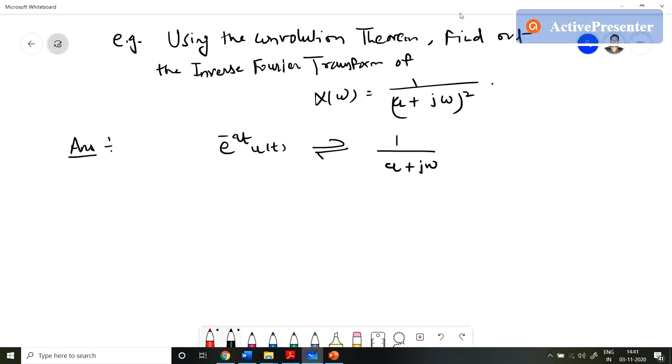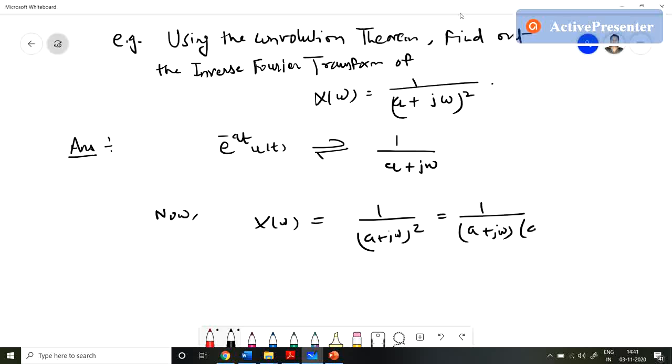Now X(omega) is equal to 1 divided by (a plus j omega) square. It can be written as 1 divided by a plus j omega multiplied by 1 divided by a plus j omega.